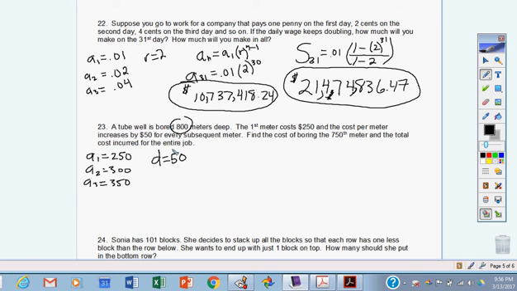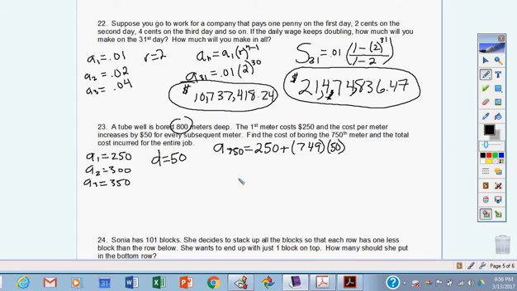All right, so find the cost of the 750th meter. Again, using our formula, we got the 750th term here, and that would equal the first term, which is 250, plus n minus 1, which would be 749, times my d value, which would be 50.